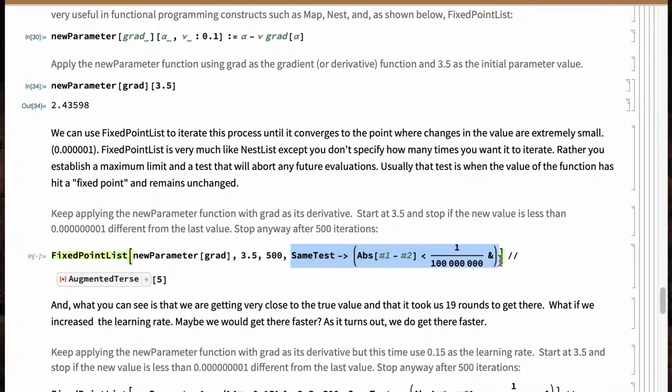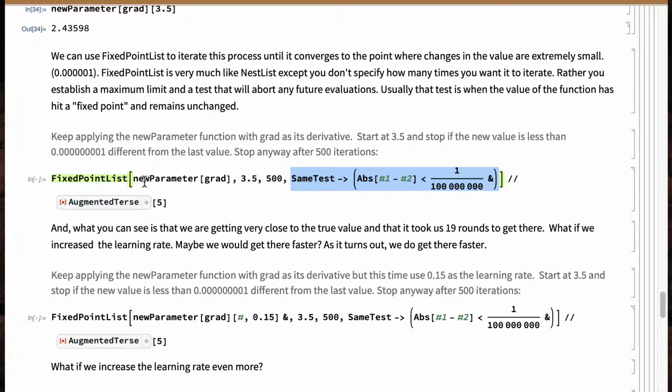Moreover, if you want, you can say, hey, let me know when you think the numbers are sufficiently similar that you want me to stop. And I'm just going to say, look, if the numbers differ by less than 1 part in 100 million, that's close enough for me.